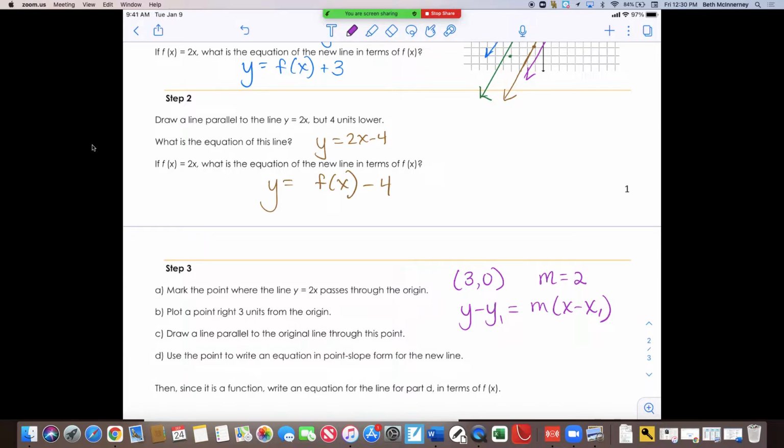Let's plug in the point and the m value. So that's y minus 0 equals 2 times the quantity x minus 3.